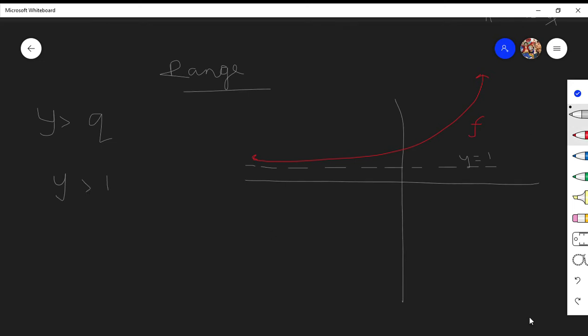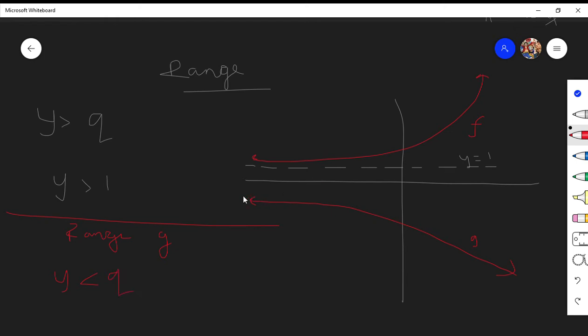Or if we had a function like this, and let's call this function g, our range of g would actually be y less than our q value.